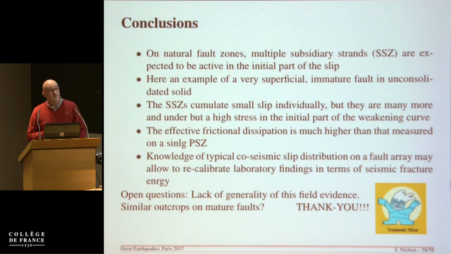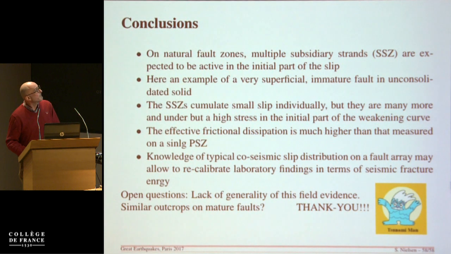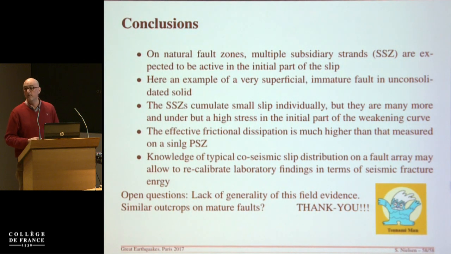Okay, that's all. So, conclusion on natural fault zones: you have many subsidiary faults that are expected to be active in the initial part of the slip where slip is not yet localized on a single strand. Here I showed an example of a very superficial and very mature fault in unconsolidated sediment, which I use as a bit of an analog for what happens in faults.